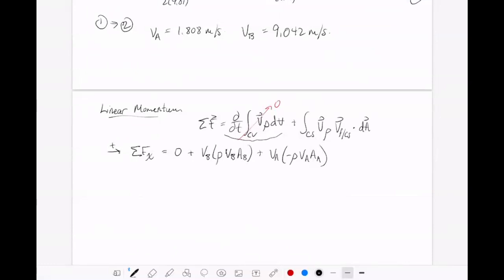So we consider it this way, where we just keep track of the dot products, and that will take care of the signs for us if we choose. And this is equal to those forces.